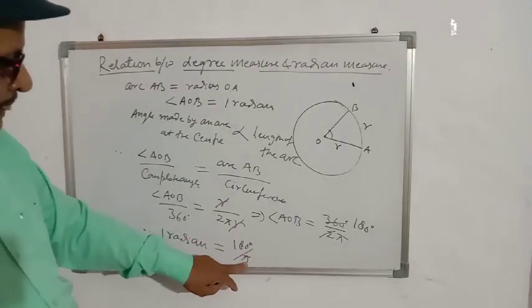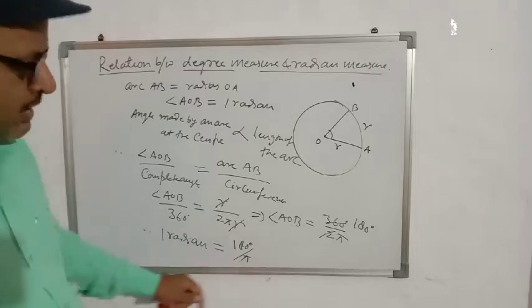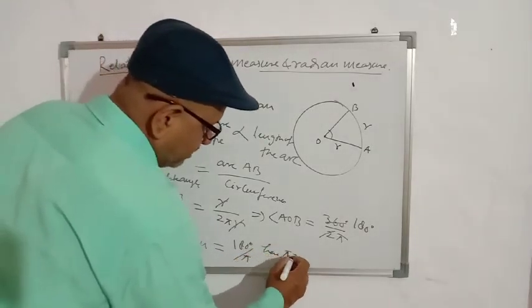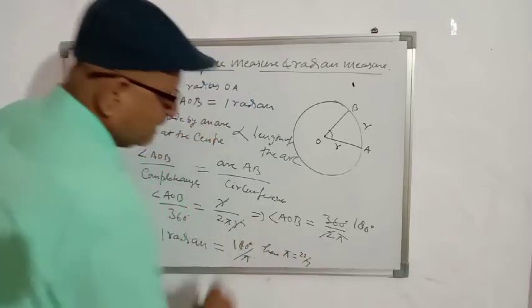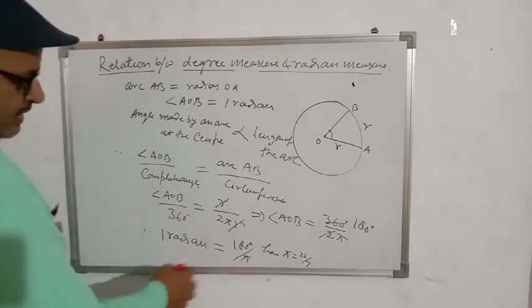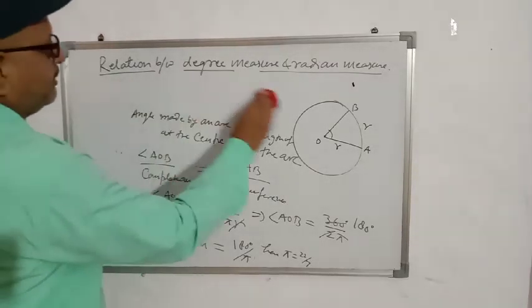We can use here value of pi 22/7. So 1 radian is equal to 180 degree upon pi.